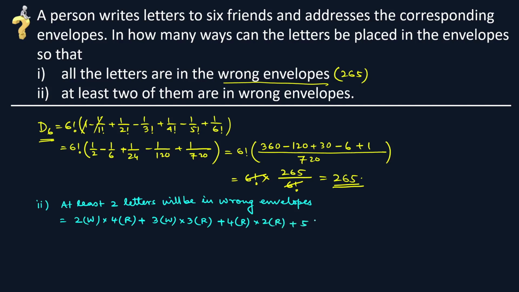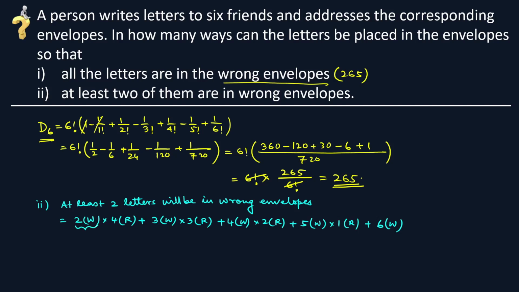Or 5 letters are in the wrong envelopes. Just 1 second, this will be wrong, right? So 5 in the wrong envelopes, 1 in the right envelope, or 6 are in wrong envelopes. Am I correct?